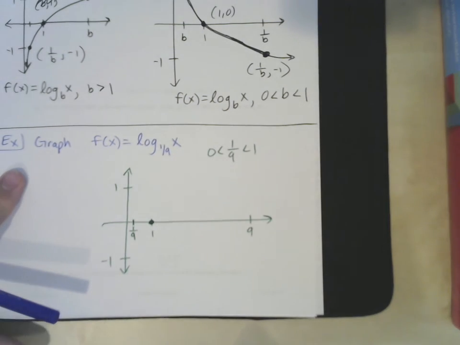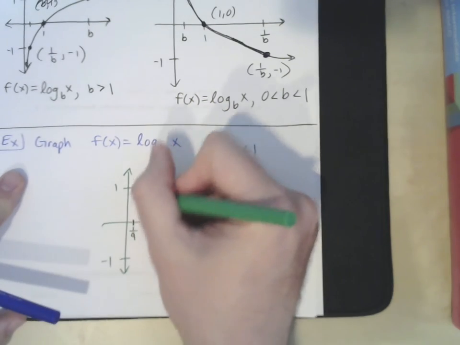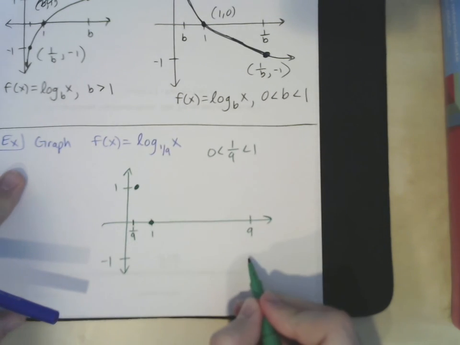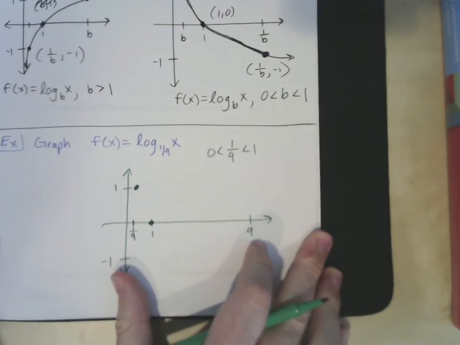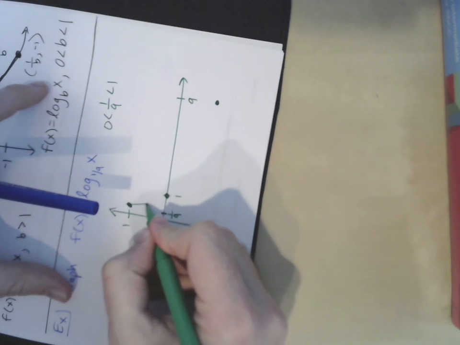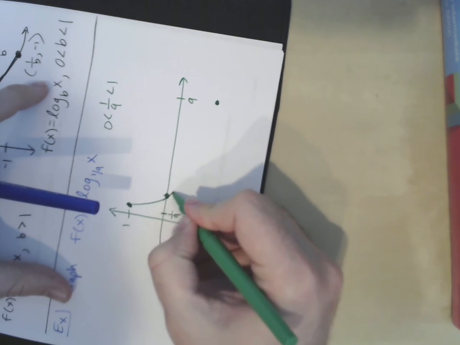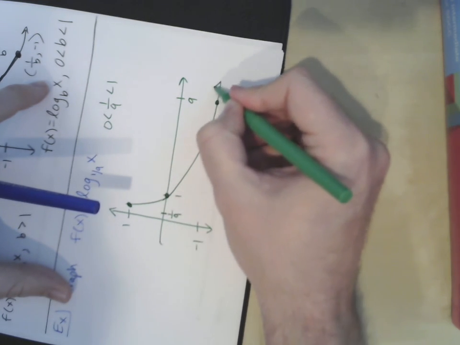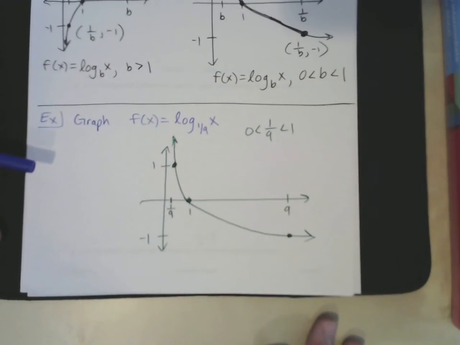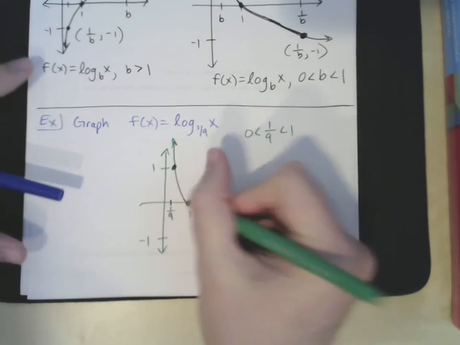So we always go through (1, 0). We always go through (b, 1). And we go through (1 over b, negative 1). And then I'm going to cheat a little bit and turn this so I can graph it better. It'll look like this.